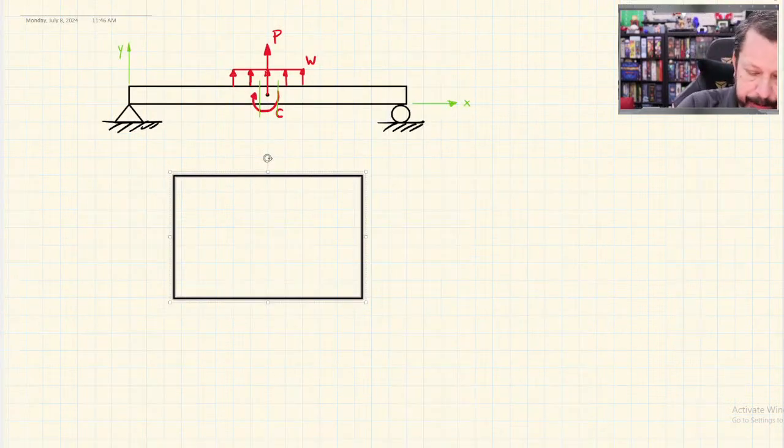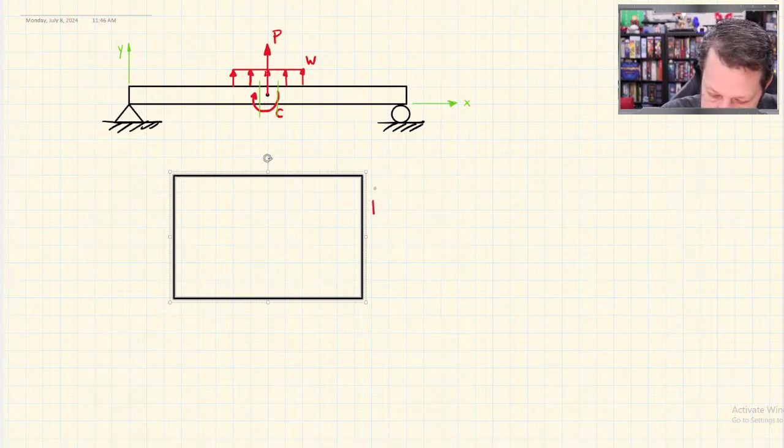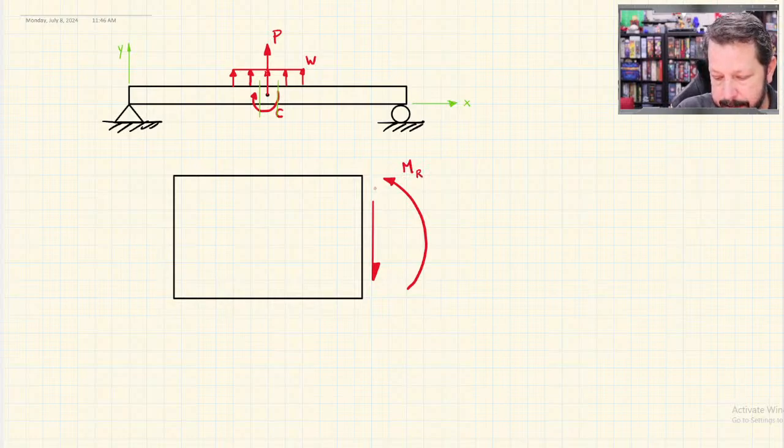If I am on the right hand side of the beam over here, then I draw the shear force going down as positive and the bending moment going counterclockwise as positive. I'm going to say this is the moment on the right hand side and the shear force on the right hand side.